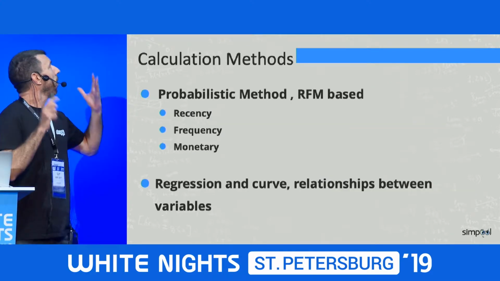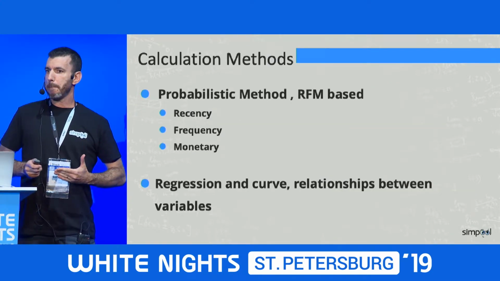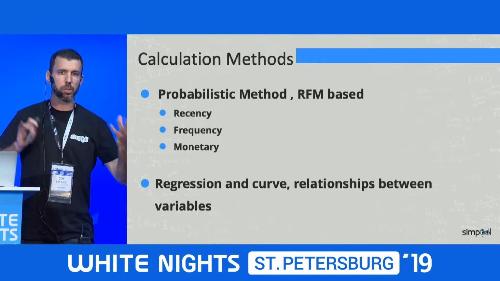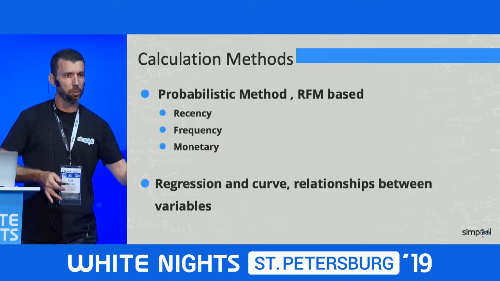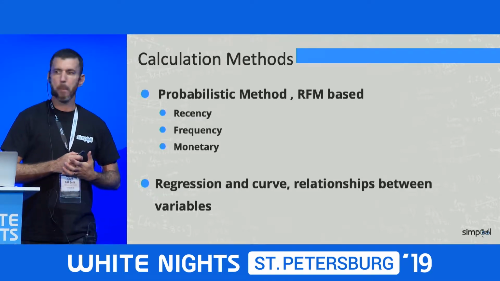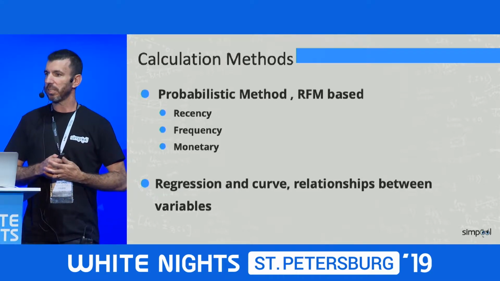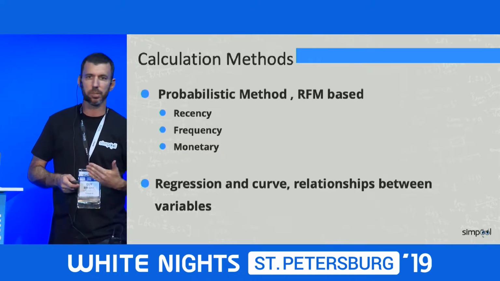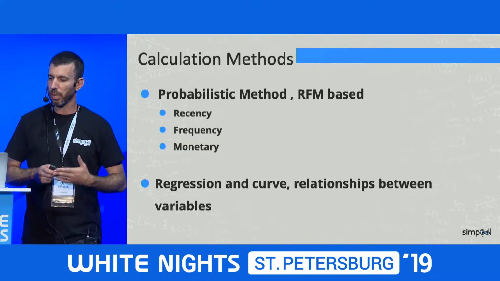Okay, so there are a few major approaches to calculate lifetime value. The most common one in our world is the probabilistic approach, which relies mostly on the monetization aspect. There is a famous prediction model called RFM: recency, frequency, and monetary.